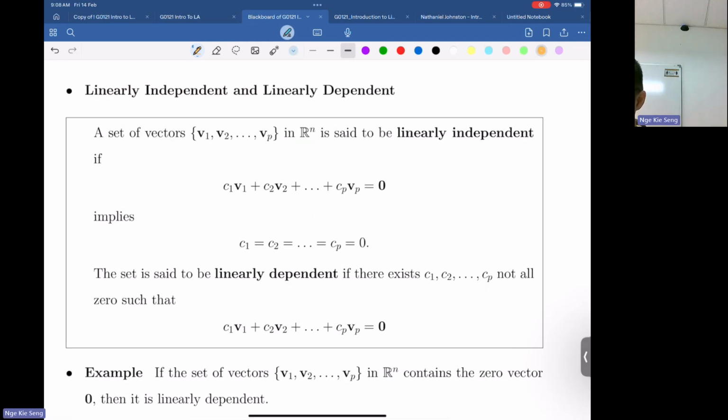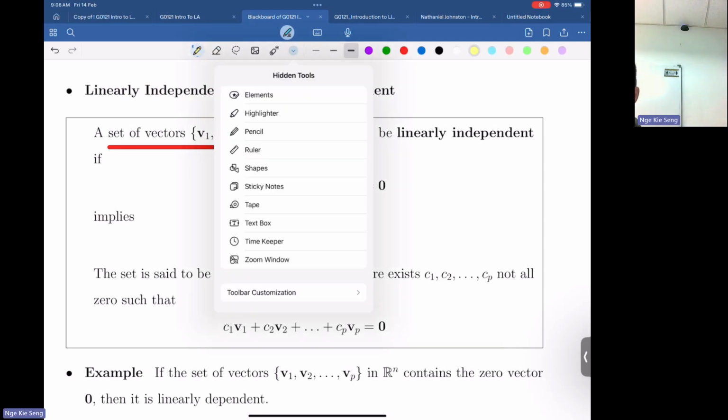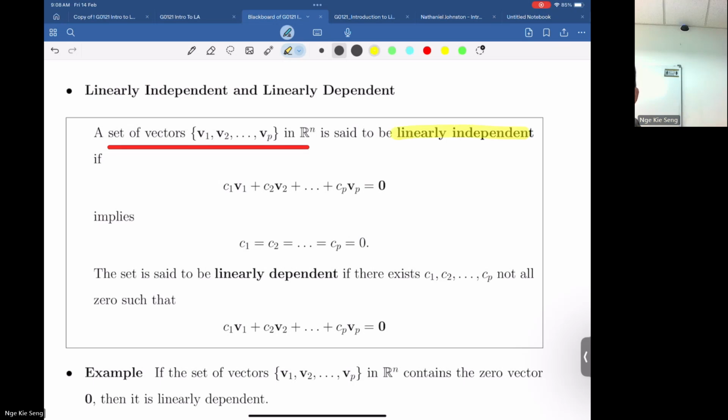A set of vectors v_1 to v_p in R^n is said to be linearly independent if. We don't know what linearly independent is, so we look for this if.